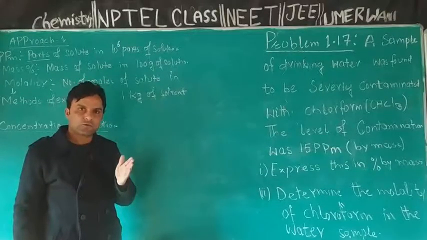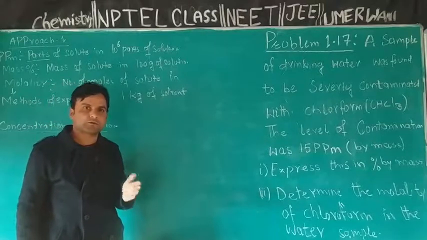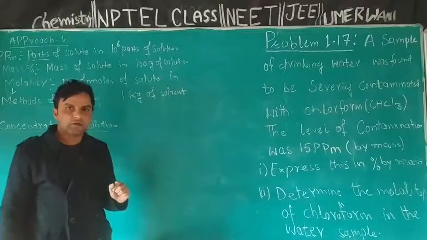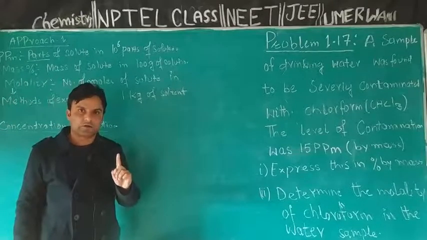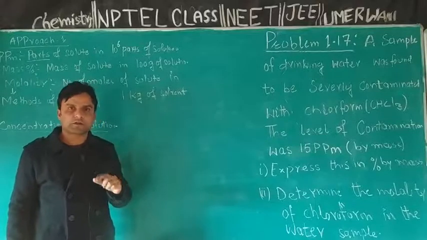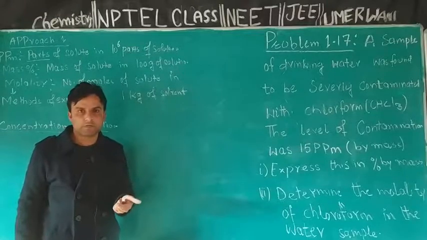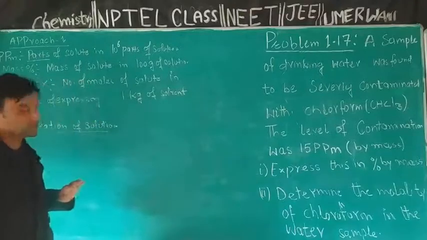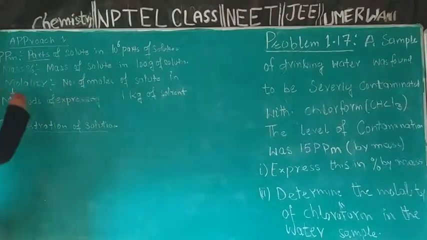Instead of volume of solution you can take volume of solvent, instead of weight of solution you can take weight of solvent. And you might be knowing that density of water is 1, therefore 1 liter of water means 1 kg of water, or 1000 milliliter of water means 1000 grams of water. With these ideas I will now start solving this problem.